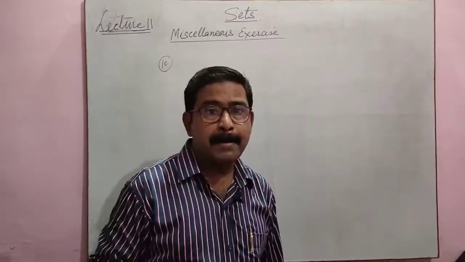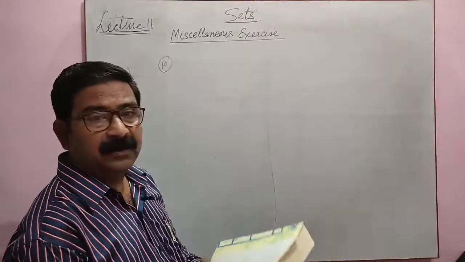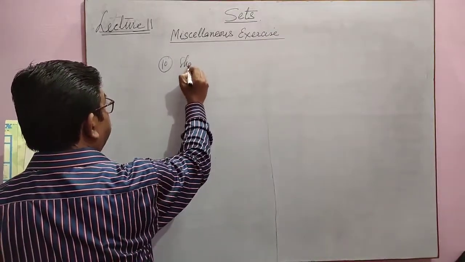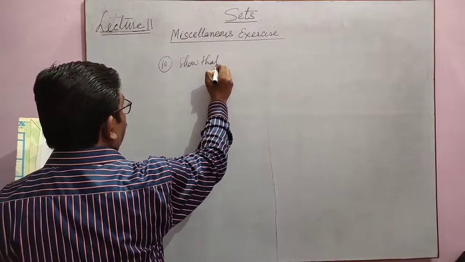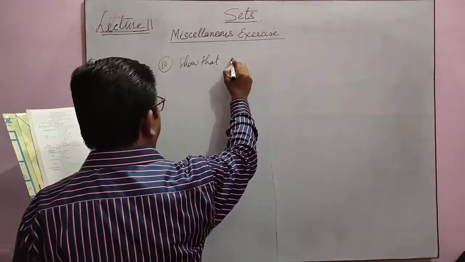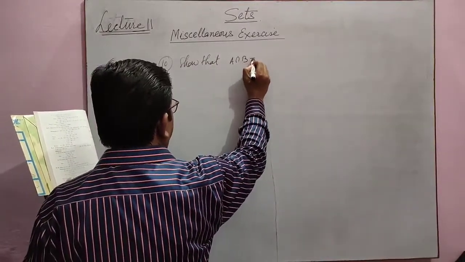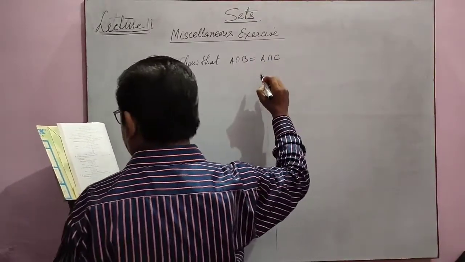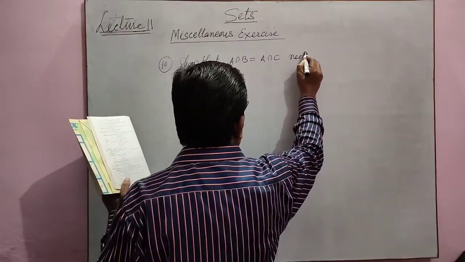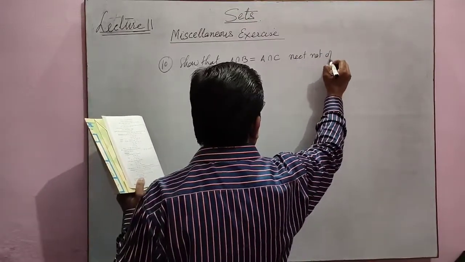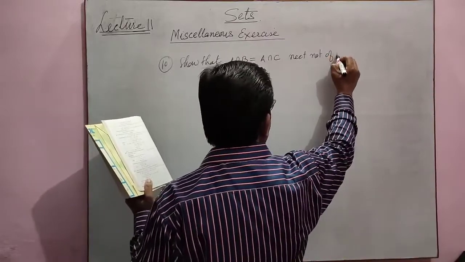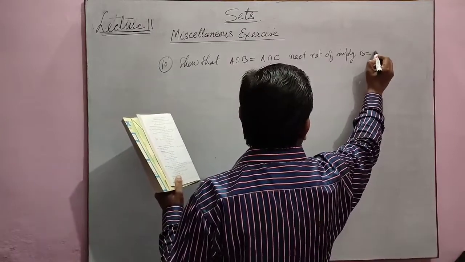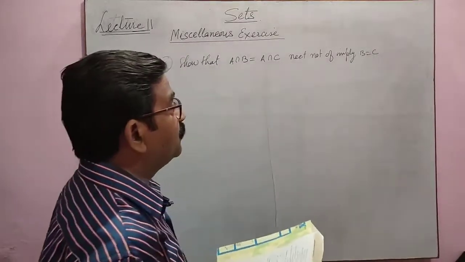Got it? Now question number 10, very simple question. I am writing the question. Show that A intersection B is equal to A intersection C need not imply B is equal to C. What is the sense of this question?